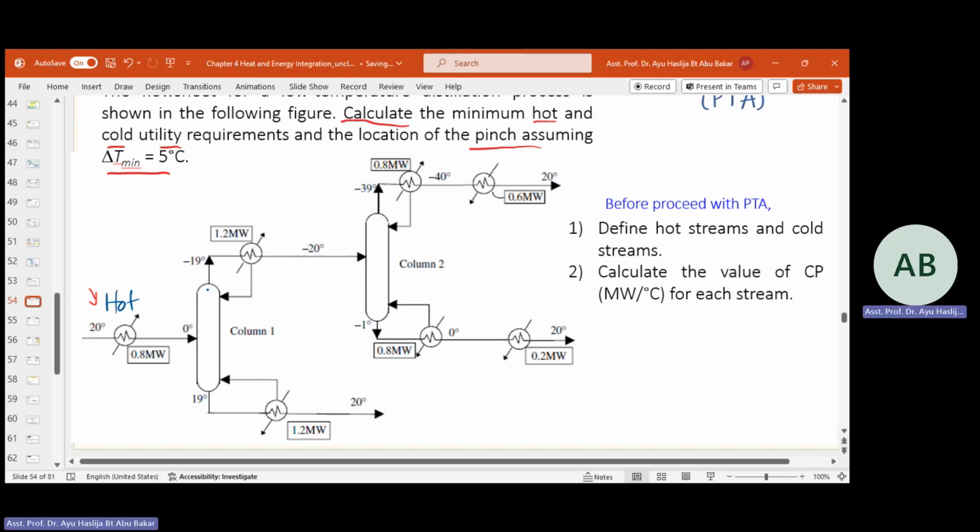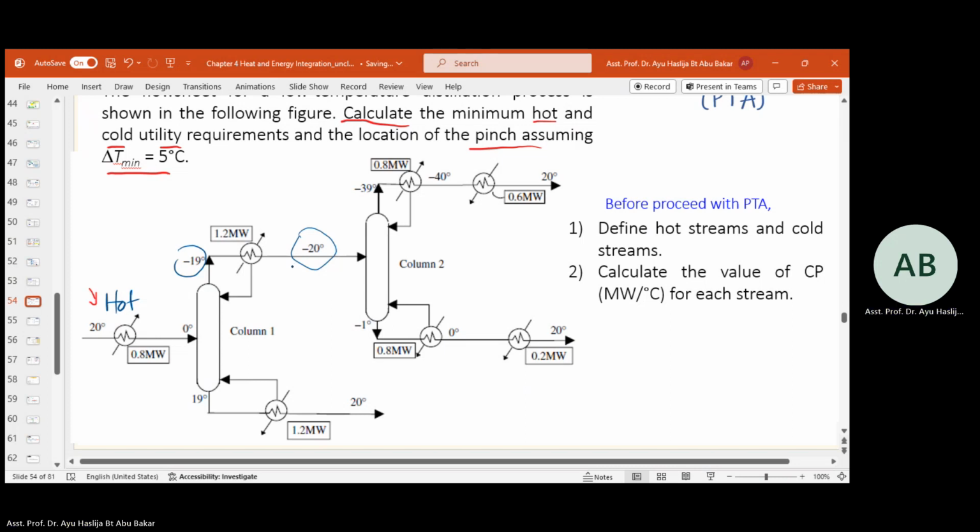Now, effluent of the first column, here -19 to -20. Hot or cold? Hot.